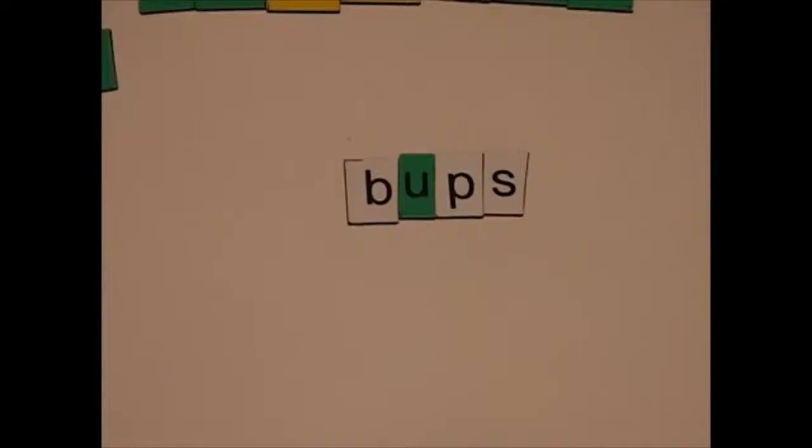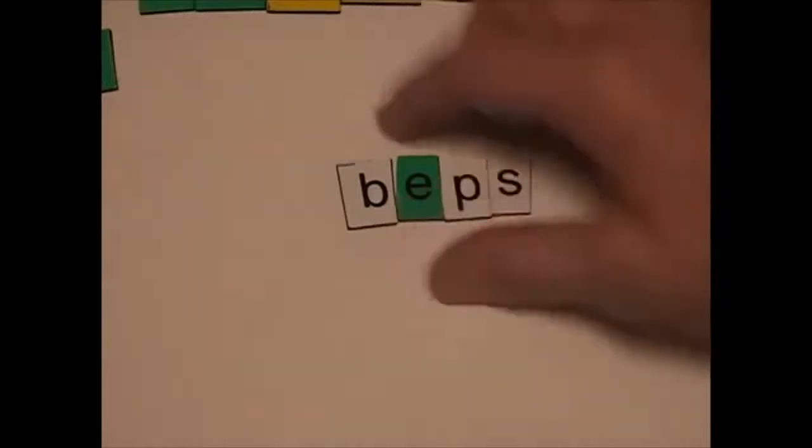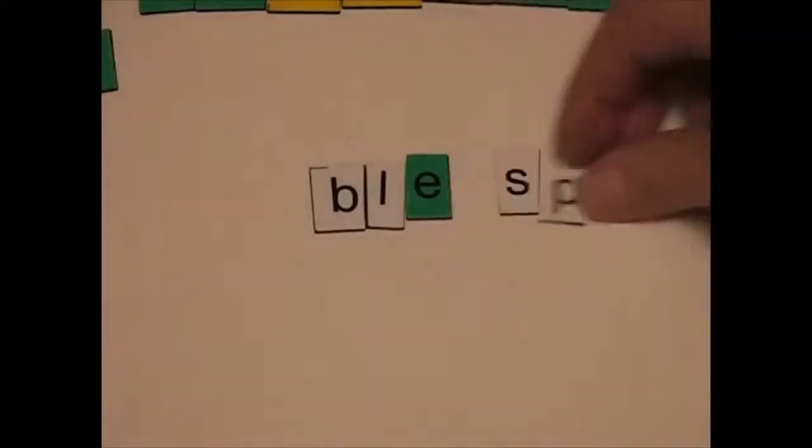Concept tracking is where we want to be after concept 9 or 10, whenever the child's ready. And that's where we are reviewing all the rules and we move pretty quickly. The child just echoes the word and changes. Steve, Beps, Beps, Bleps, Bleps, Blesp, Bless, bless.